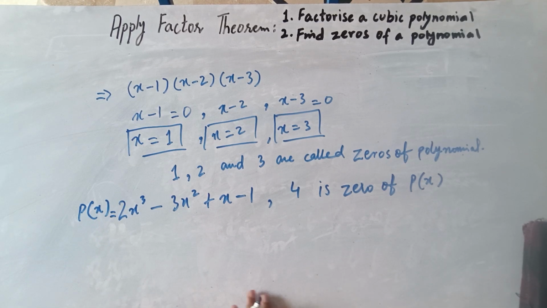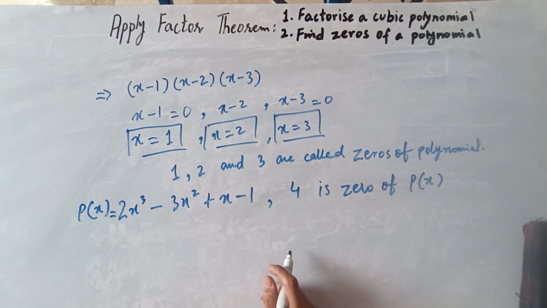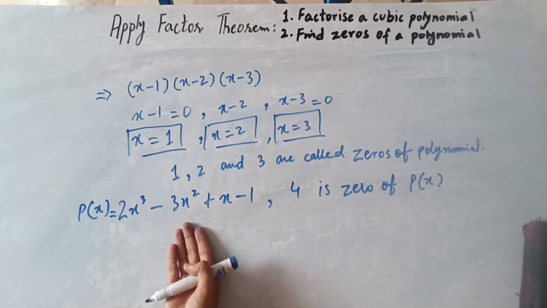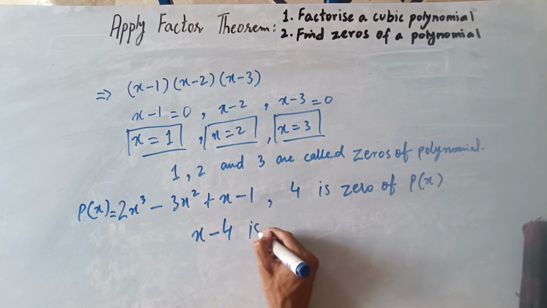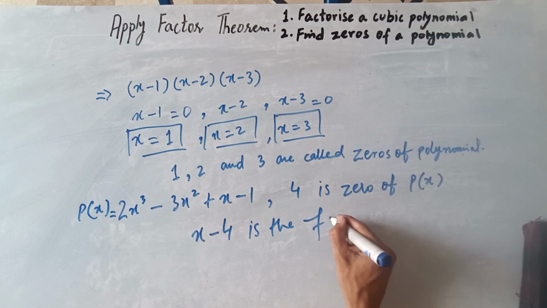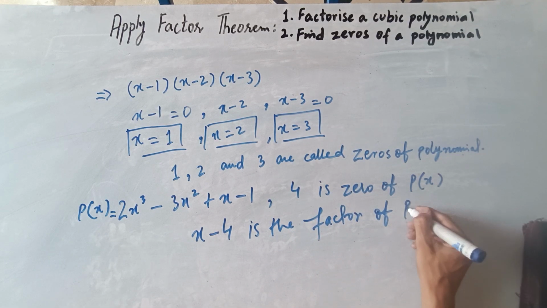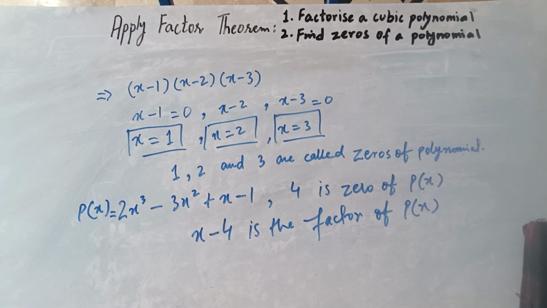So what does it mean if the polynomial is 2x cube minus 3x square plus x minus 1 and we say 4 is a zero of p of x? It means that by putting the value of x as 4 we will get the remainder 0, which shows that x minus 4 is a factor of this polynomial, if it gives us 0. So this is how the questions could be asked in the exam.